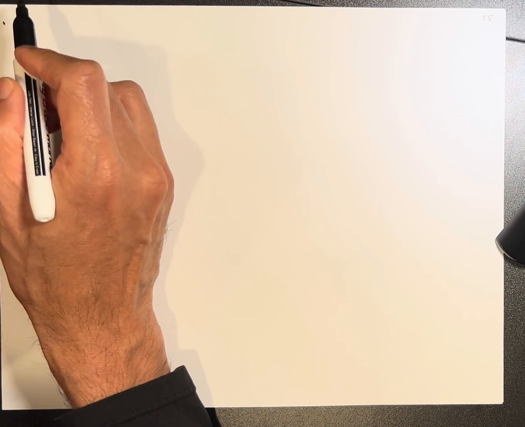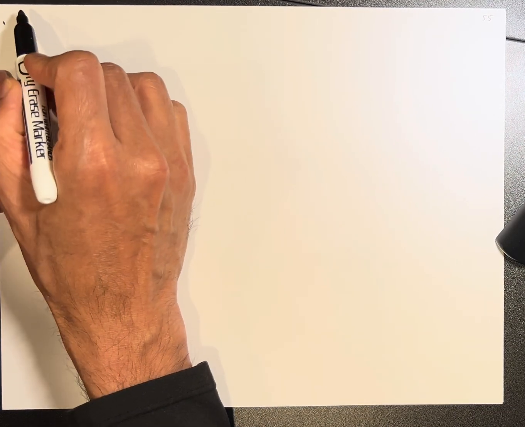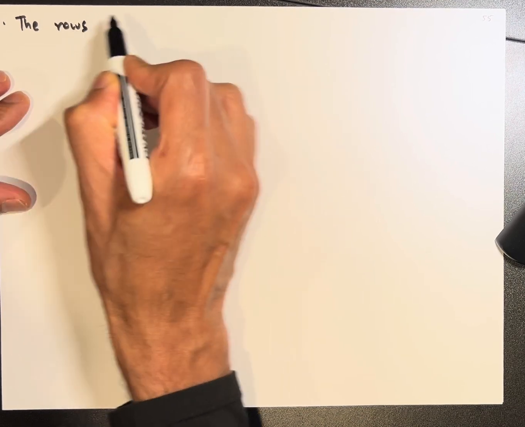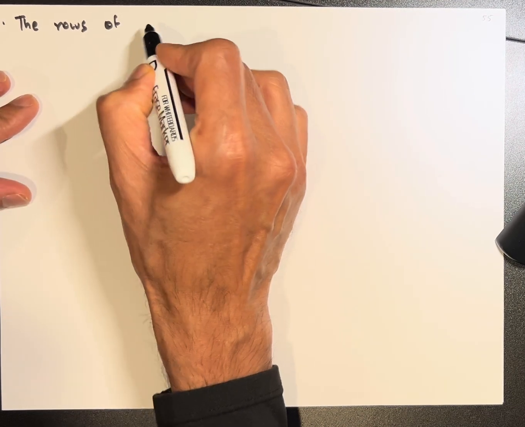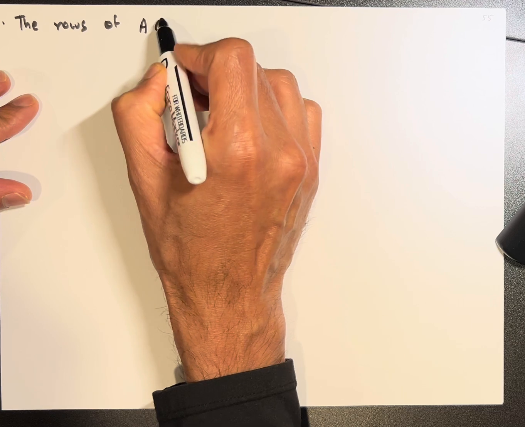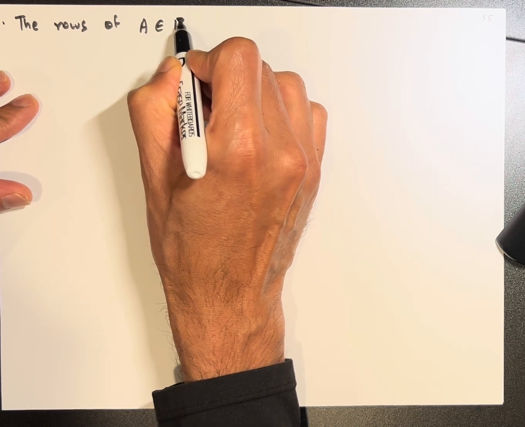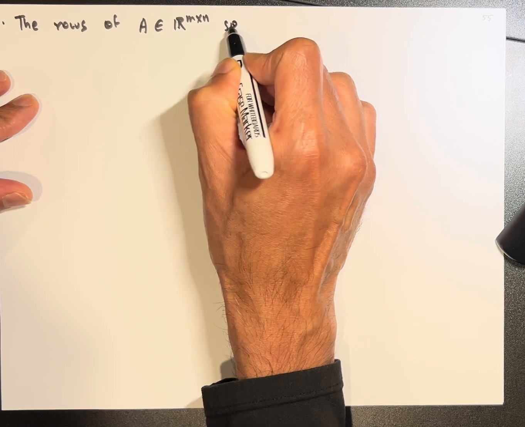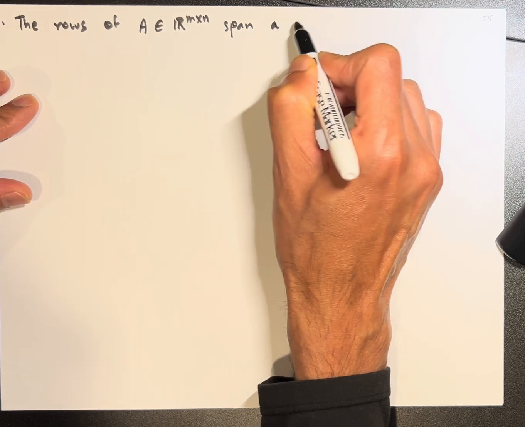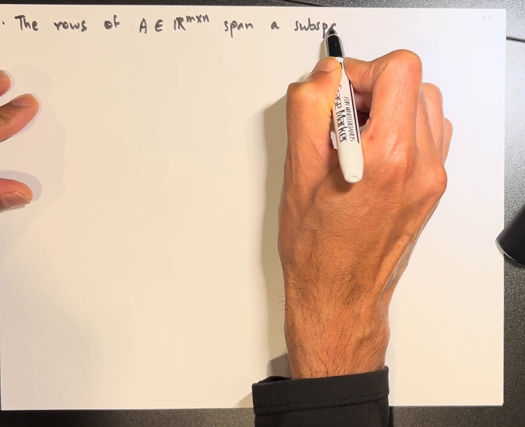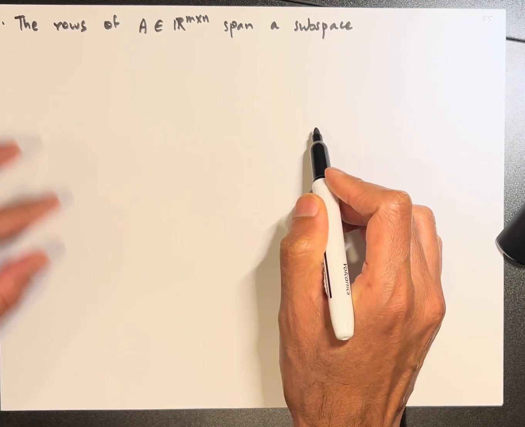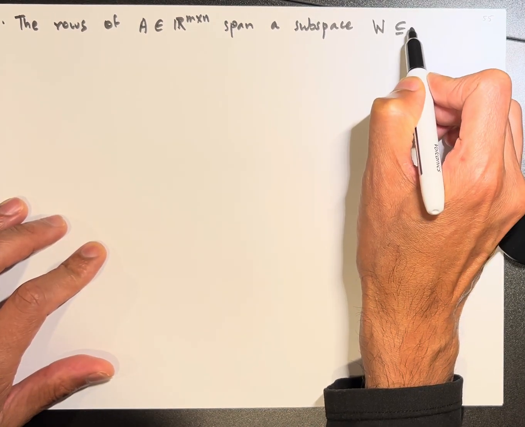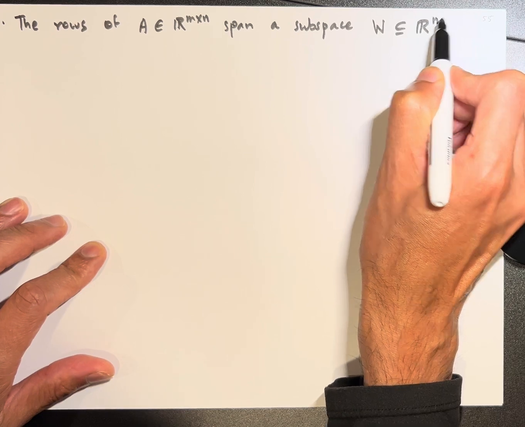The next property is, the next one, now we look at the rows. The rows of A, again Rm by n, right? That's going to span a subspace W, and this is going to be a subspace of Rn in this case, right?